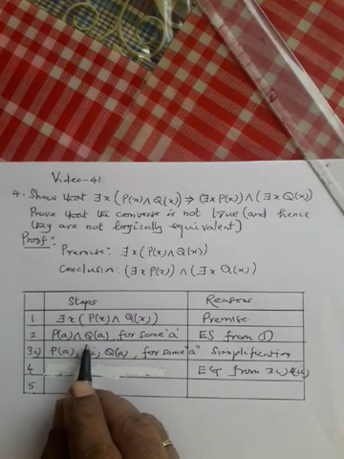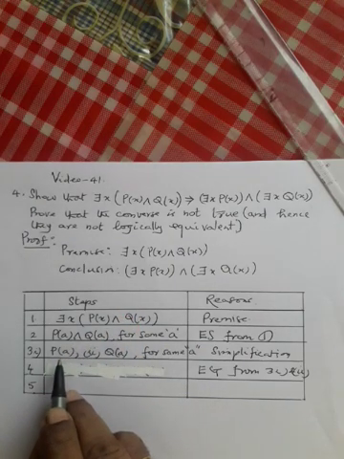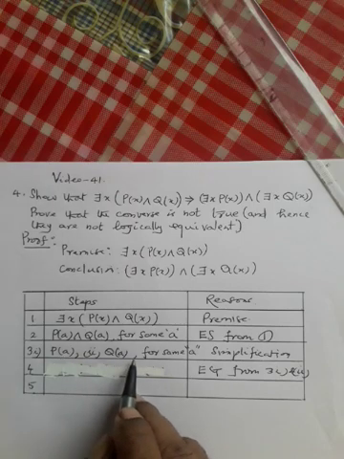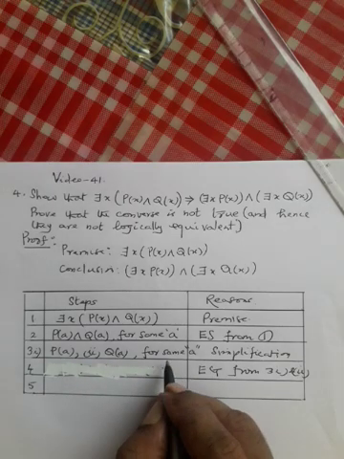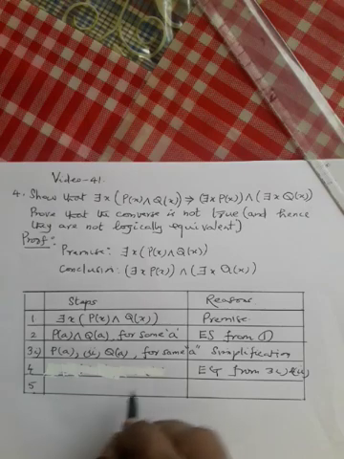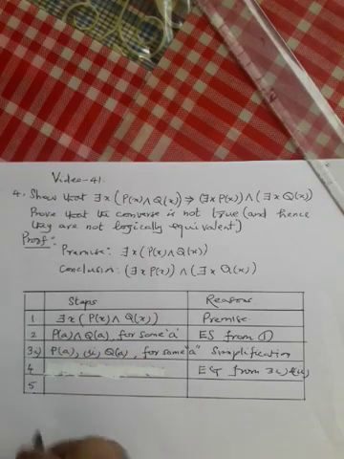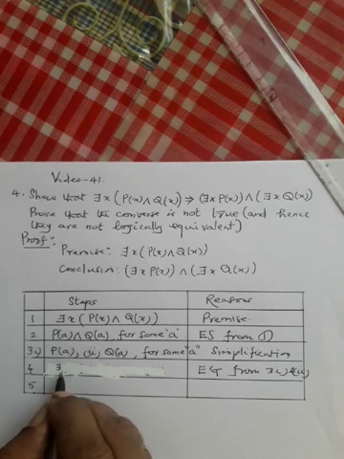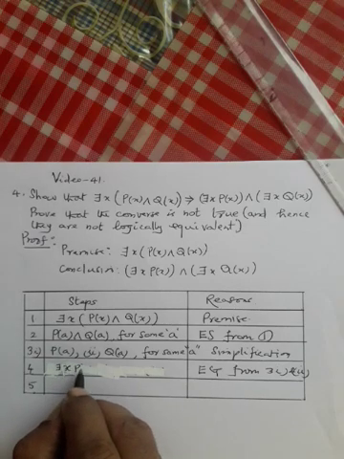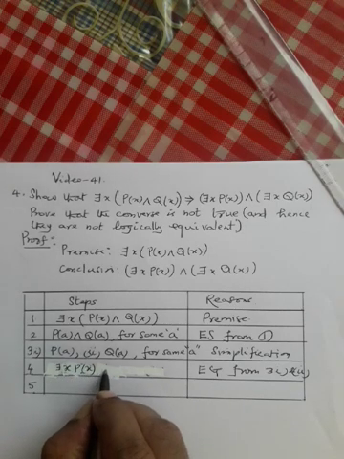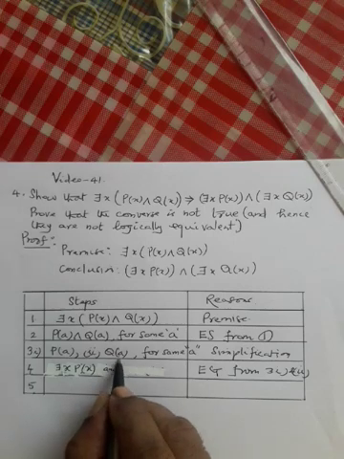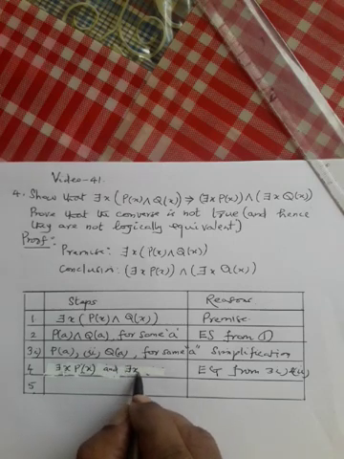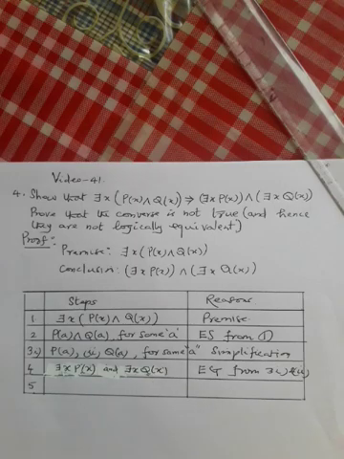So P of a and Q of a for some a means P of a for some a and Q of a for the same a. For the same a, both are true. So the first one implies there exists x P of x, and Q of a means there exists x Q of x.